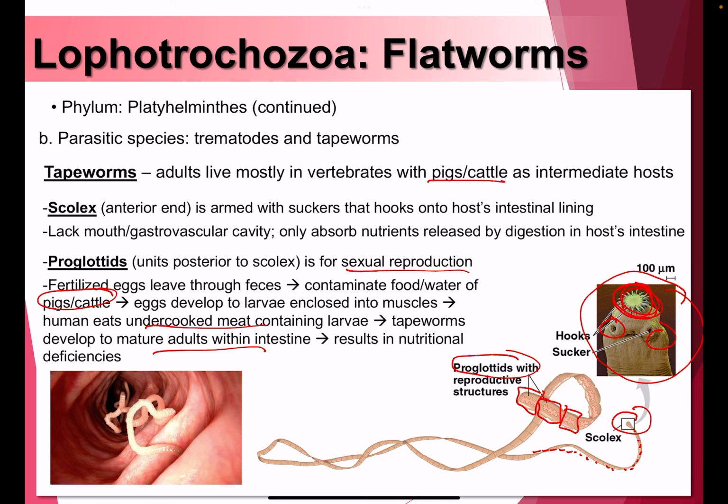Once you ingest it and your stomach digests the outer pill, the larvae go into your intestine and start colonizing there, sexually reproducing and sucking nutrients out of you. That's why you cannot gain weight. So there were people who would ingest tapeworms themselves as a method of losing weight. Please don't ever do that.